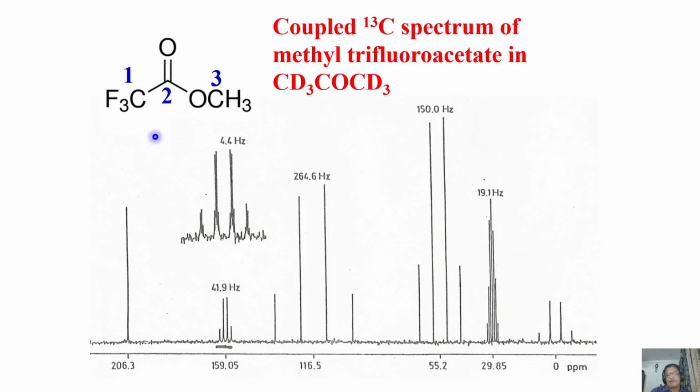In the previous example we saw this carbon coming somewhere around 110 to 120 ppm because it is attached to fluorine atoms. Three fluorine atoms are directly bonded to the carbon. As a consequence, I said the CF3 carbon comes very much downfield here. Also, the carbon-fluorine one-bond J coupling was sufficiently large.